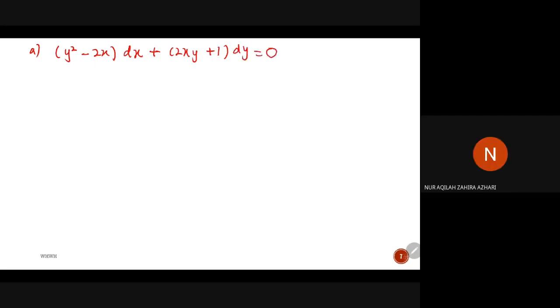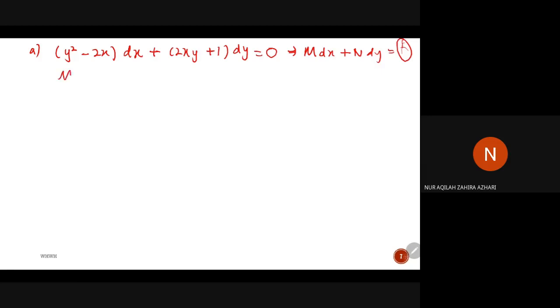Thank you. Okay, so from here, first thing, identify what our m and n are. Remember our equation is m dx plus n dy equals 0. So what is your m, class?